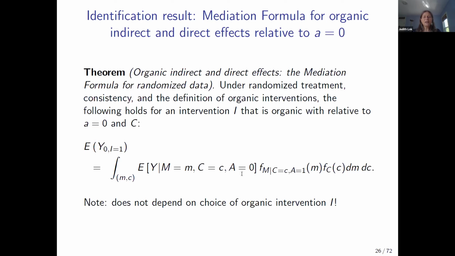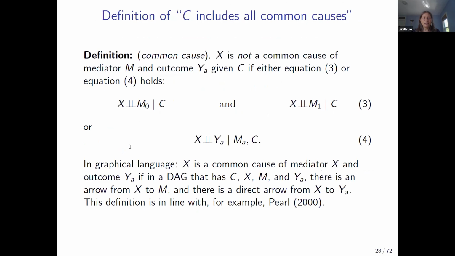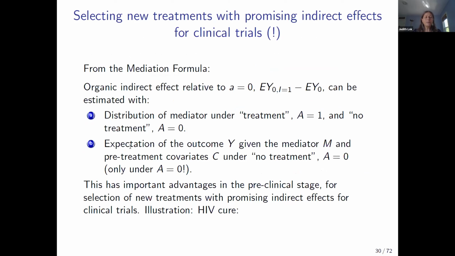When we look at the indirect effect relative to A equal to 0, we subtract the expected outcome under no treatment. Also for that, we only need outcome data under no treatment. And that's an important observation, because that means that the organic indirect effect relative to A equal to 0, this quantity here, can be estimated with the distribution of the mediator under treatment, that is under A equal to 1, and under no treatment, A equal to 0.